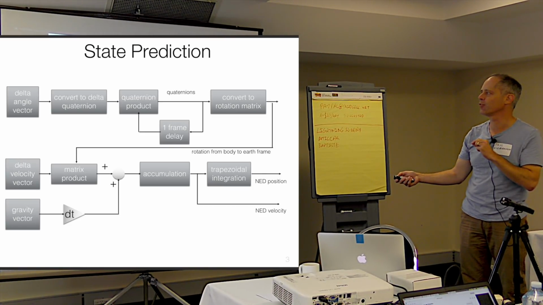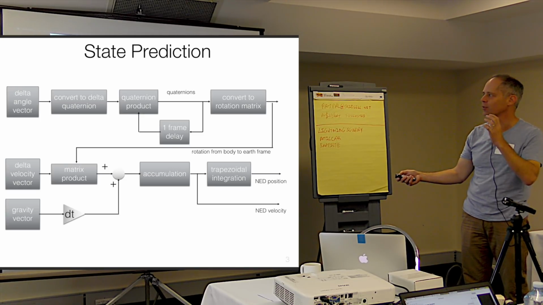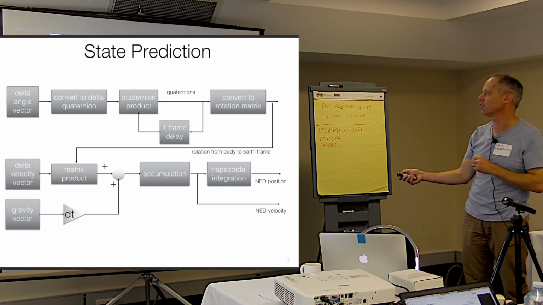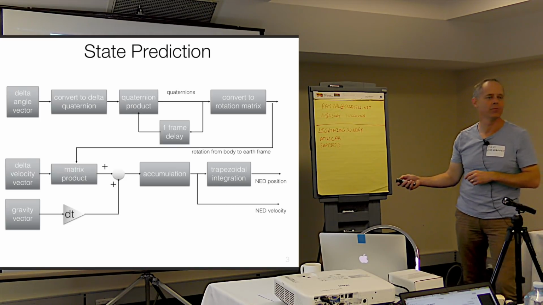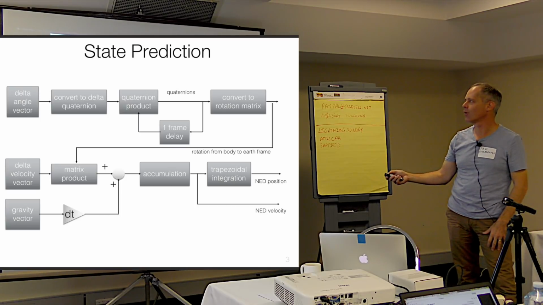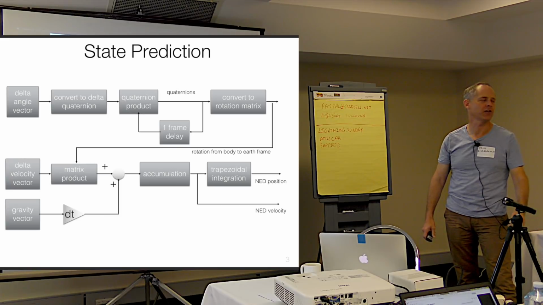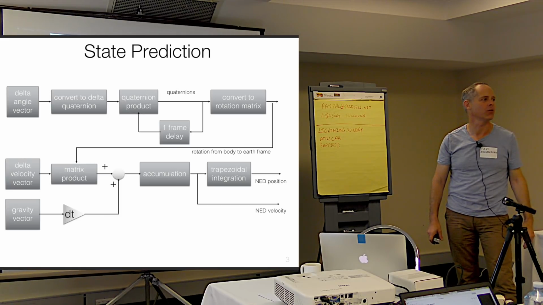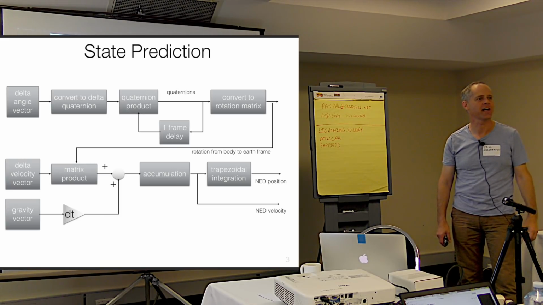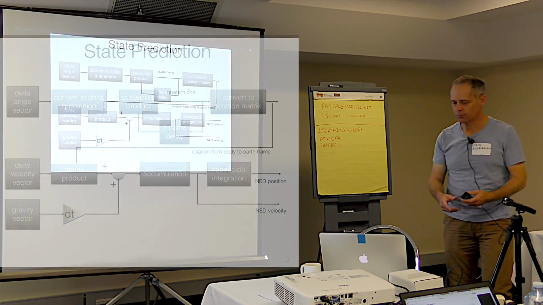We do the same thing with the accelerations. We integrate them at a high rate, and we get that little change in velocity since the last update. Then it goes through some processing using a very standard algorithm. Interestingly, it does rely on you knowing what gravity is, and we don't have a fancy gravity model. We just assume a constant gravity around the world, so our sensors aren't accurate enough for that to make a difference.